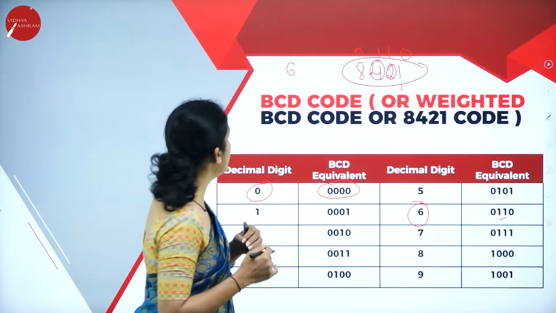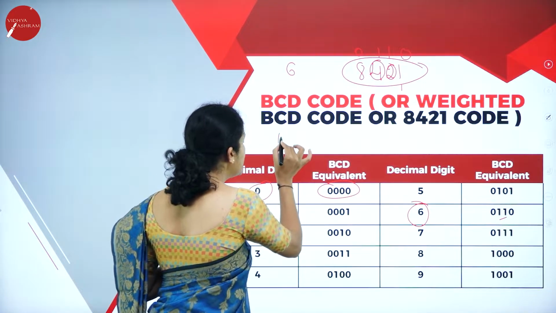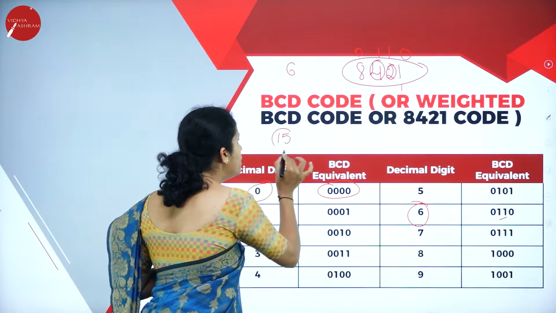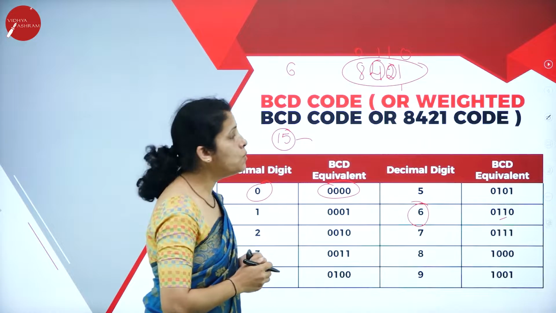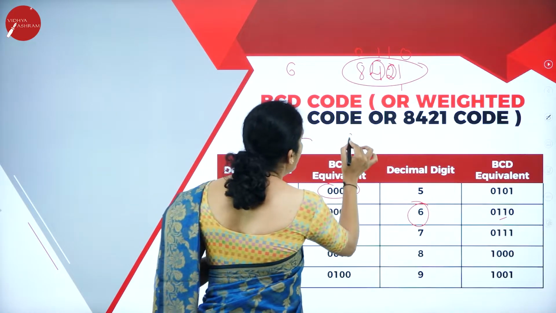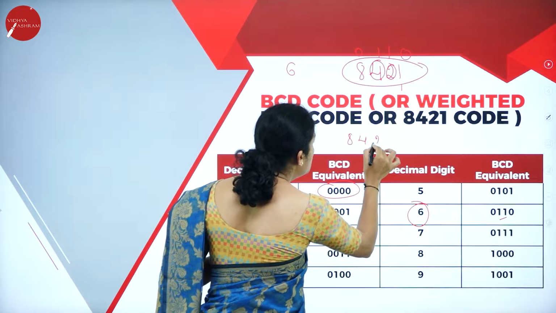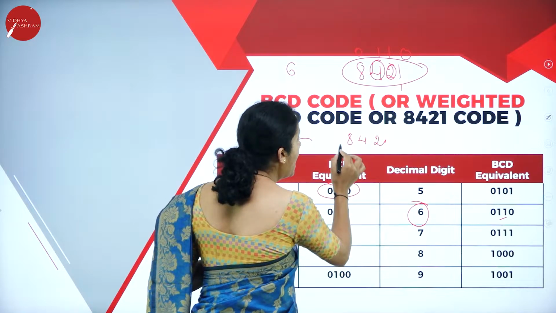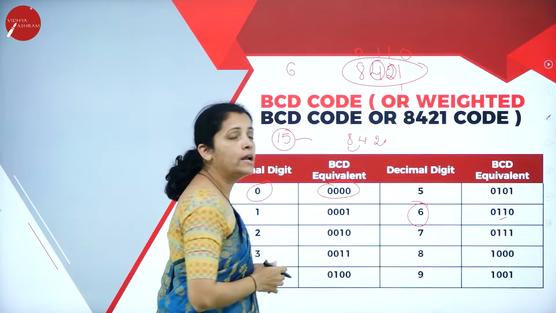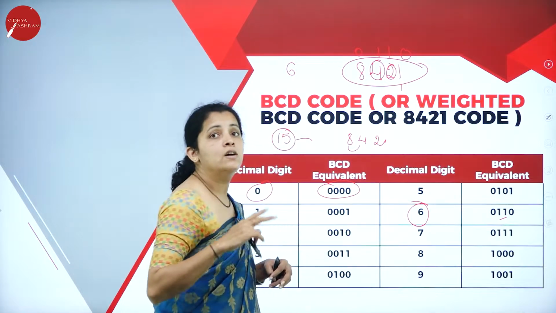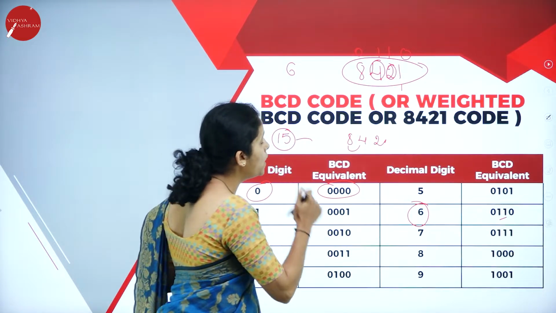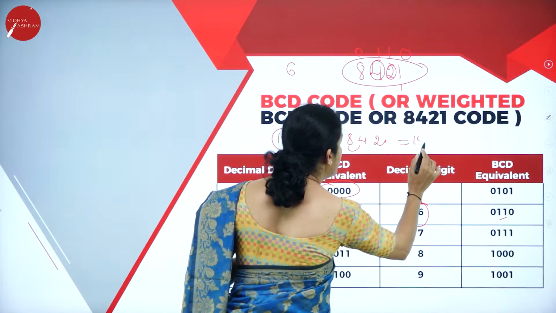And if I consider another example, say I want to represent 15 in the form of BCD. Now, if I consider 8, 4, 2, 1. Now, if I add 8 plus 4, it is 12. 12 plus 2, it is 14. 14 plus 1, it is 15.